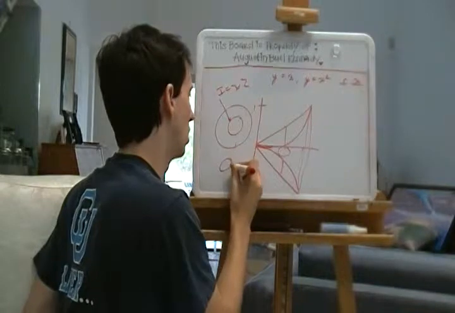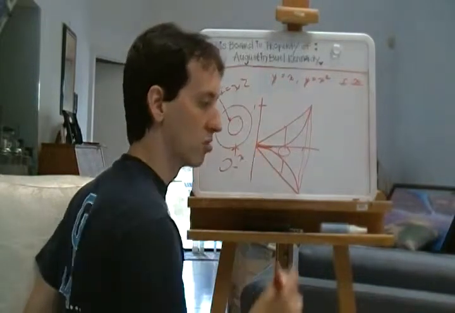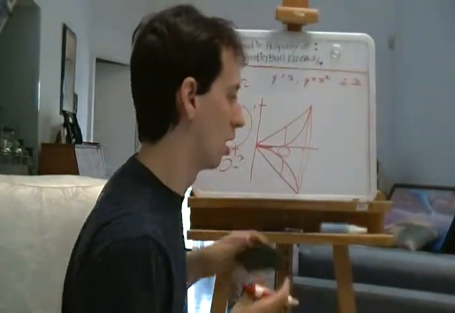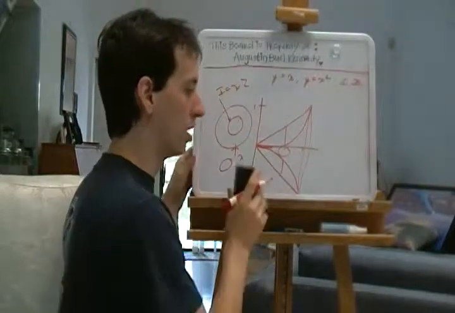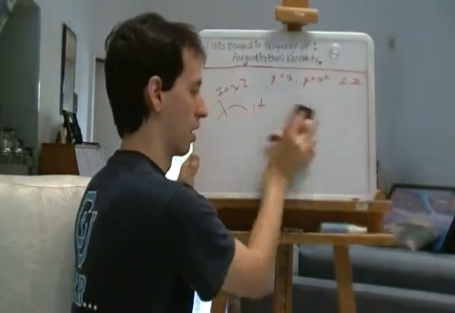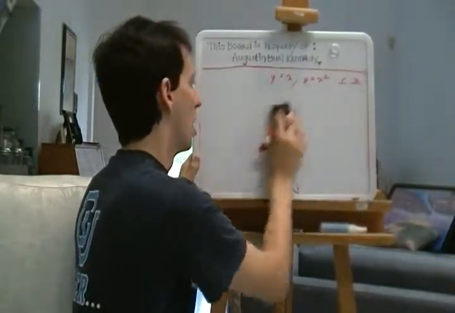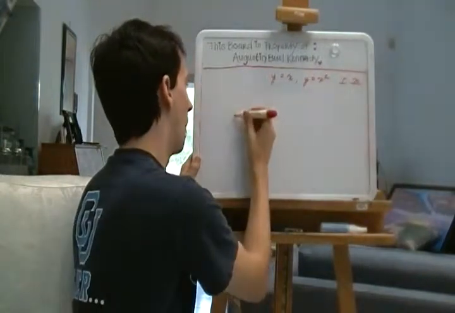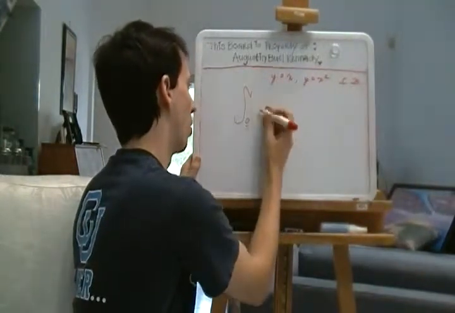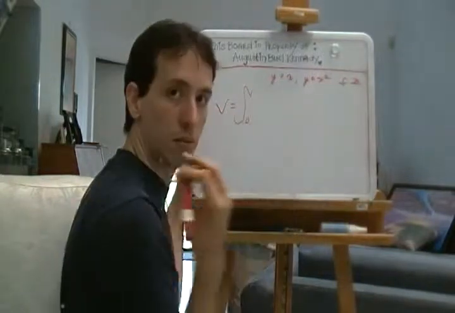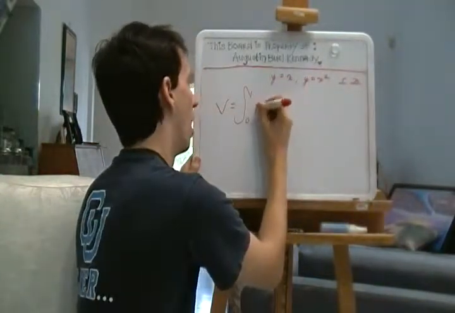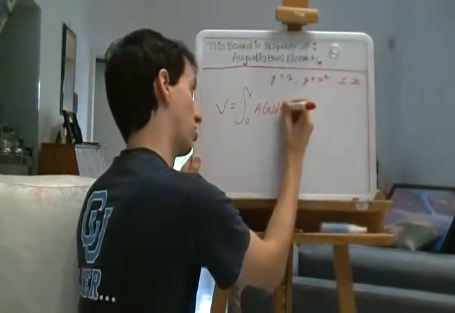The outer function is x. So now what we're going to do is set this integral up. It's going to be between 0 and 1. Volume of that is going to be between 0 and 1 of the area, dx.